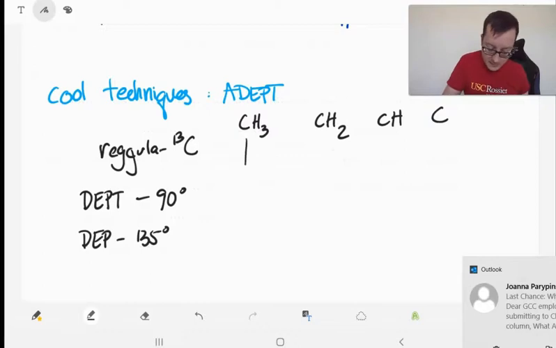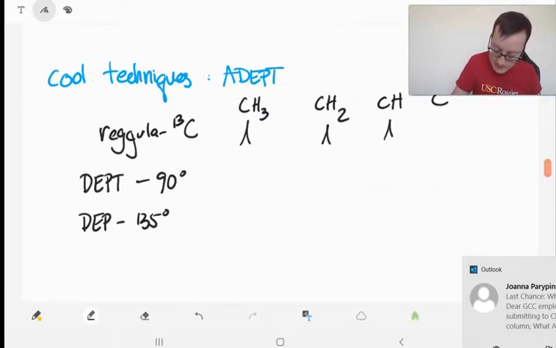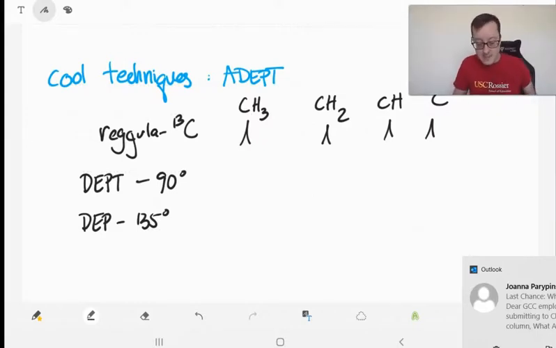So in regular, you'll see regular peaks. And for these, I'm going to draw them as actual peaks because you'll see what's going to happen with the next one. So with the DEPT 90, you only see methine hydrogens. You do not see anything for the others.